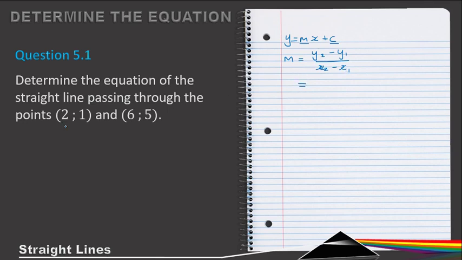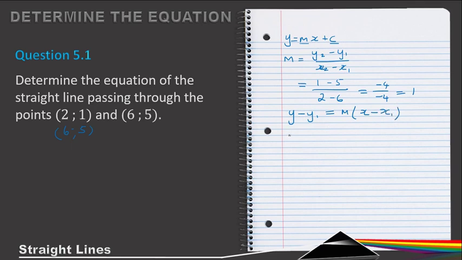So once again, I'm just going to write this underneath here and then say 1 minus 5 over 2 minus 6. So this gives me negative 4 over negative 4, and that gives me just 1. So my gradient is 1. So now I'm going to use this formula, y minus y1 equals gradient times (x minus x1).